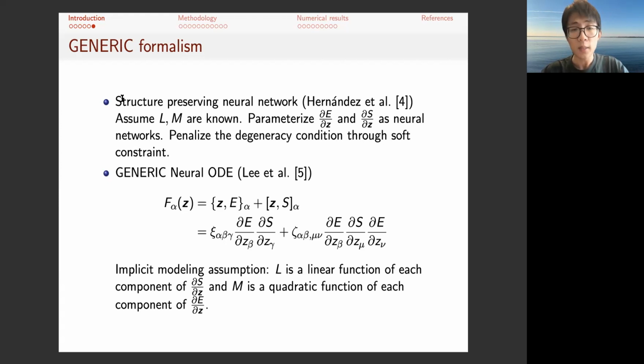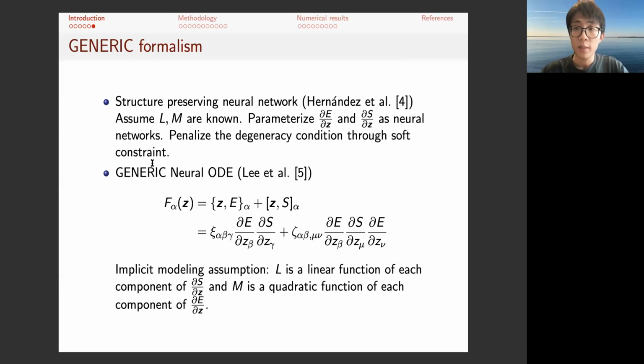This work was done just a few months ago, and our work shares some similarity with it, but they have an implicit modeling assumption, in the sense that when we write the detailed form of it, we find that they implicitly assume that the generator L is a linear function of dS/dz, and M is a quadratic function of each component of dE/dz, which may not in general hold.